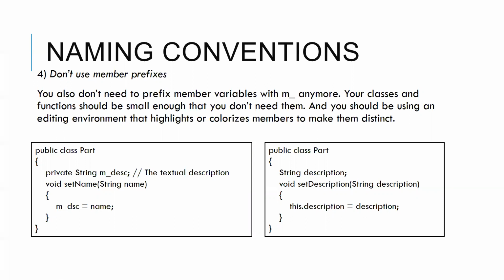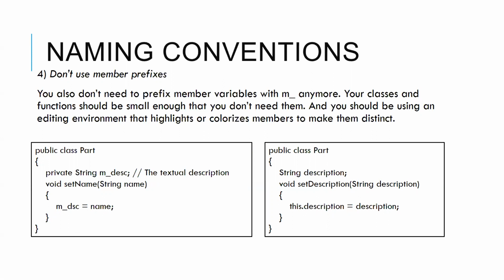Now, this is actually not required, and the reason is that it is expected that your class should be small enough that it should have only a few variables, and you do not need to explicitly write m underscore to distinguish them from other variables.